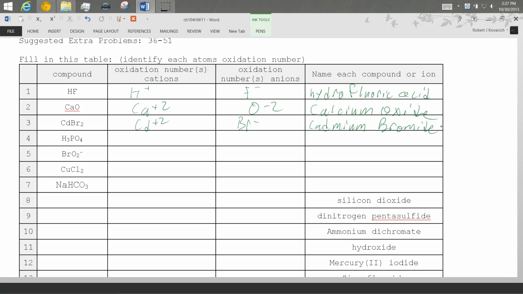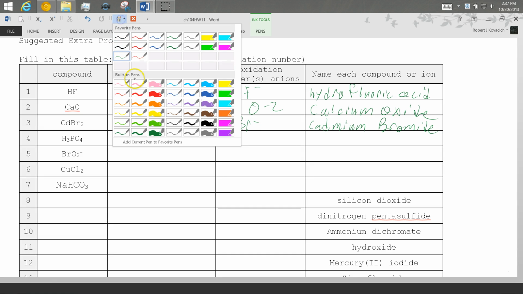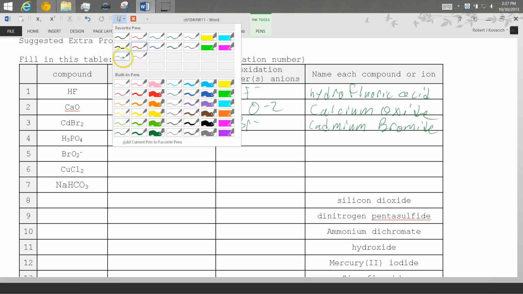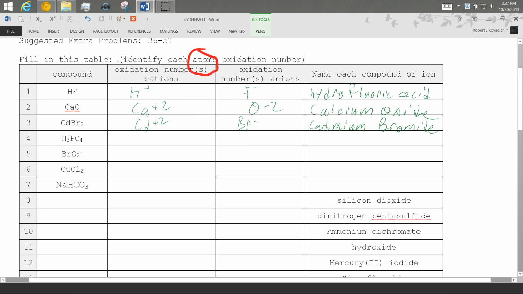Okay. And the next one. What do we got here? So the cations. The hydrogen has to be a +1, right? How come?